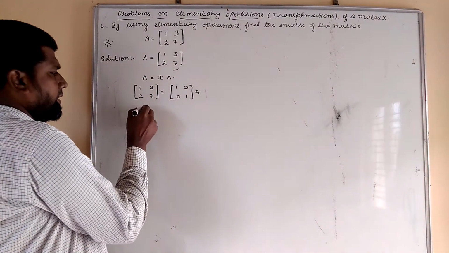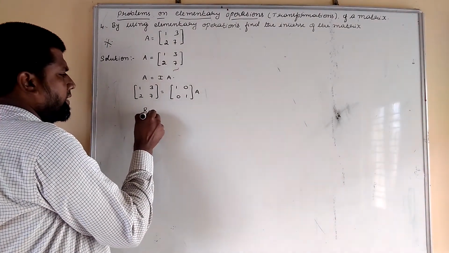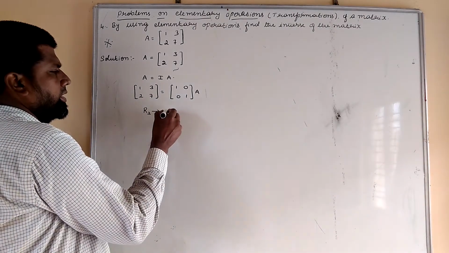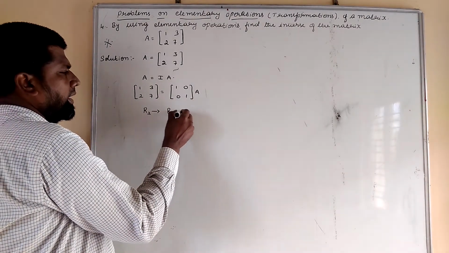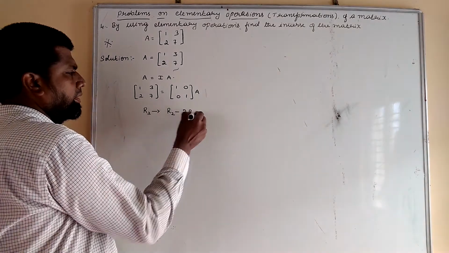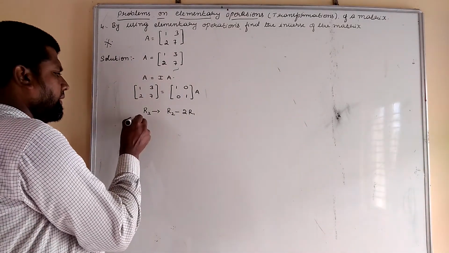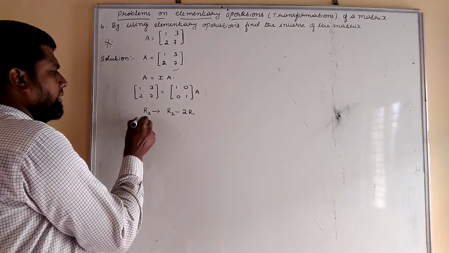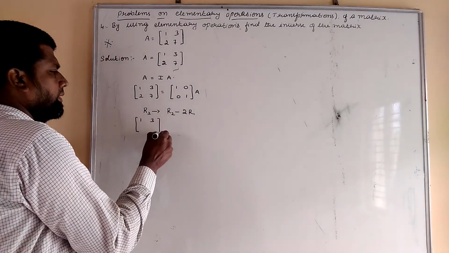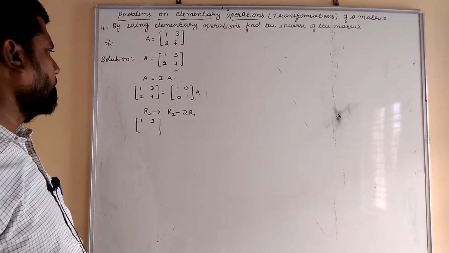So let us change here: R2 changes to R2 minus 2R1. Let us write R1 the same, 1 3. Then we change R2.